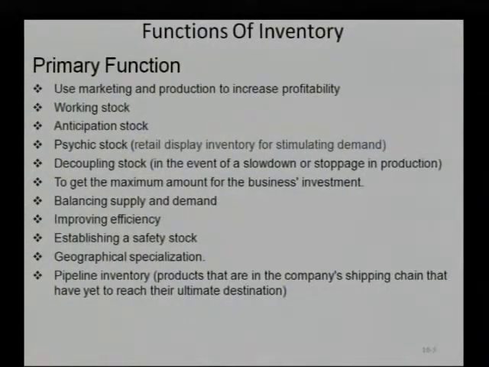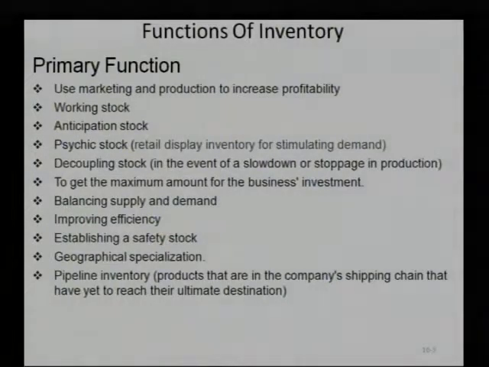So these are the primary functions of inventory we have discussed already. To this inventory management, what does inventory do? It increases profitability. The market is constantly fed from the inventory. If we do efficient inventory management, the production does not come to a halt, it is not affected. It is a working stock, an anticipation stock, a cyclic stock.